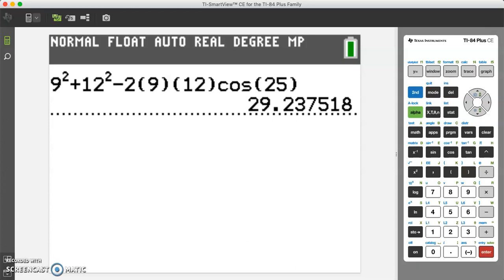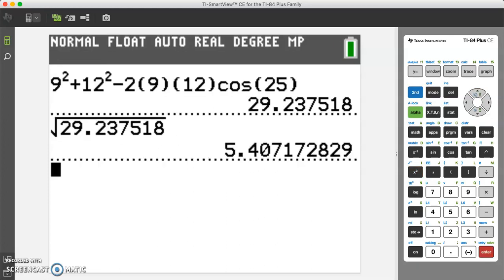All right, so we end up getting A squared is equal to 29.2375 and so on. So that gives me side A but squared. So we're going to go ahead and square root that. I'm going to go ahead and copy that value.